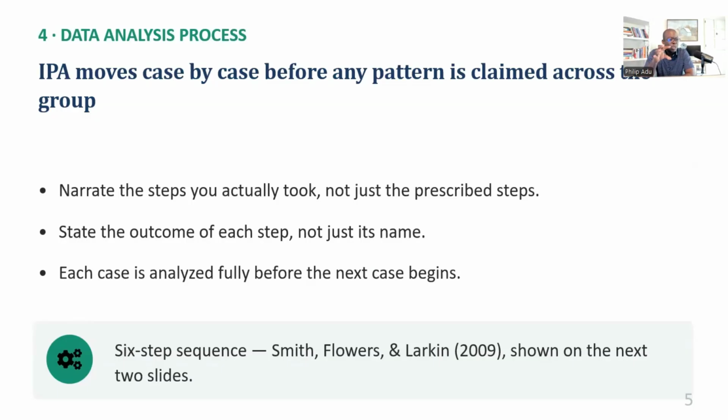So the process of analyzing the data, demonstrating or showing the process, is so important when it comes to presenting your findings, because it increases the credibility of your findings. So in this case, you provide detailed steps that you follow.